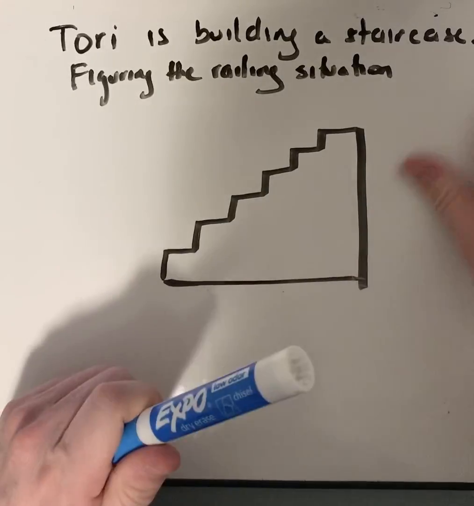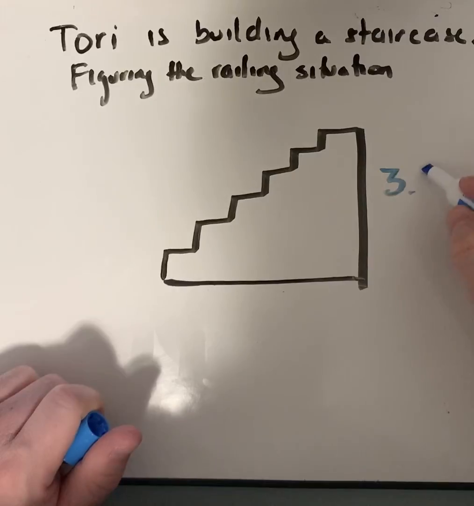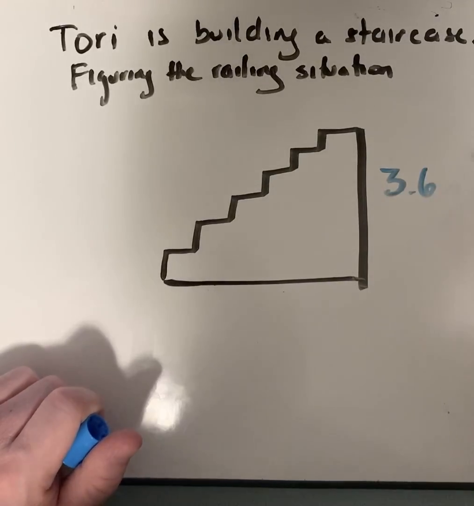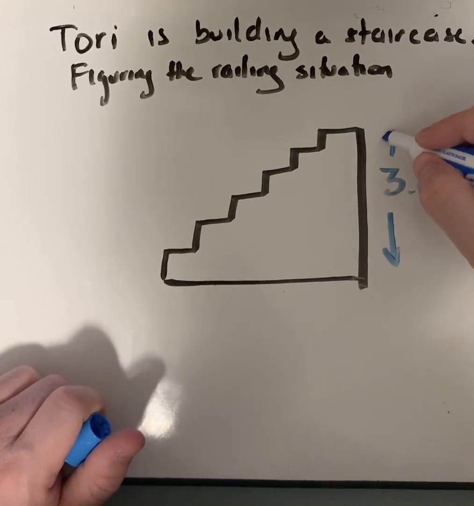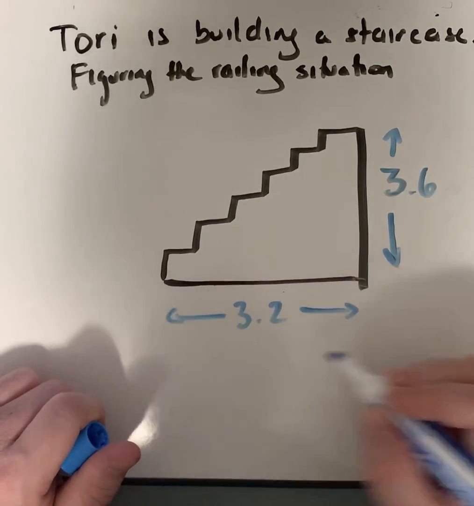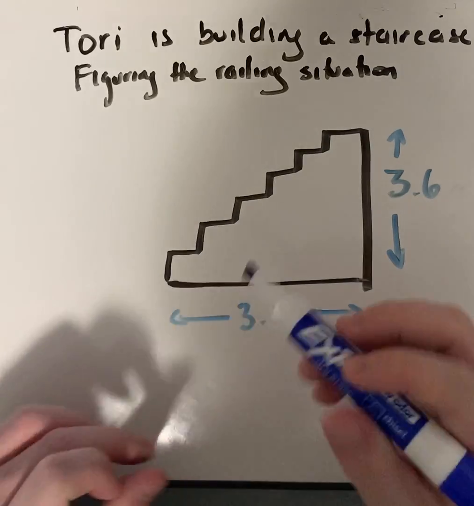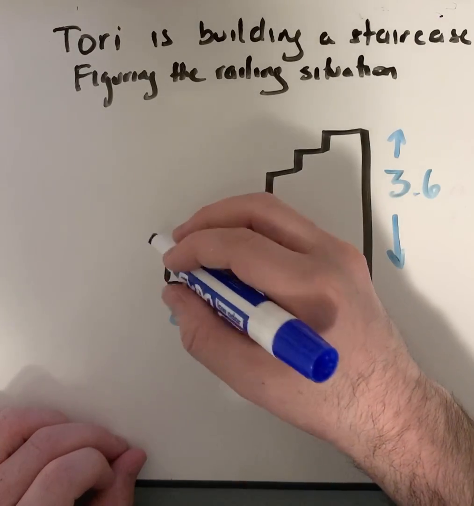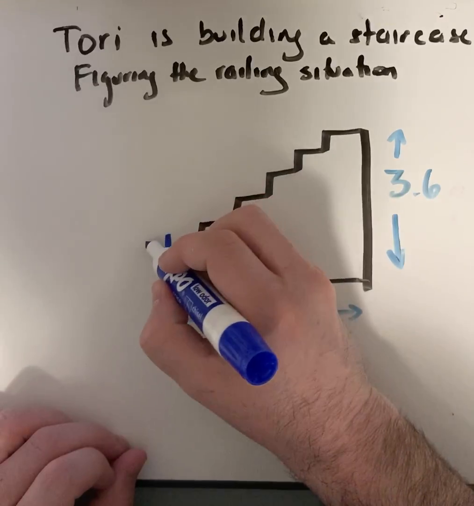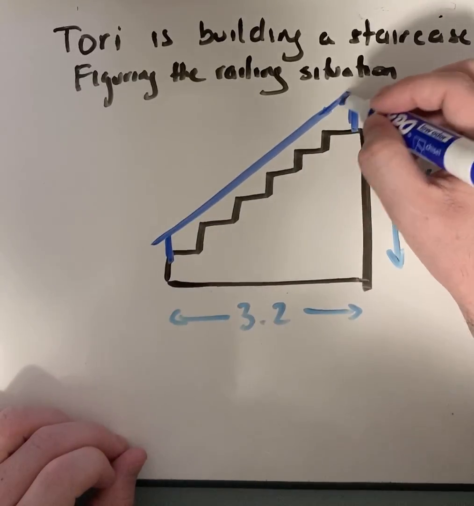This staircase's dimensions, let's see if this blue one works, oh, that's nice, are 3.6 vertical and 3.2 horizontal. And what Tori is trying to figure out here is how long that railing should be to cover that entire staircase.